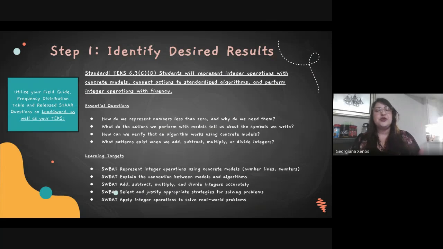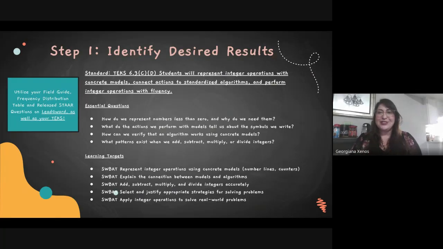So some essential questions that you can use would be, how do we represent numbers less than 0? Why do we need them? What actions do we perform with models to tell us about the symbols we write? How can we verify that an algorithm works using concrete models? And then what patterns exist when we add, subtract, multiply, and divide?